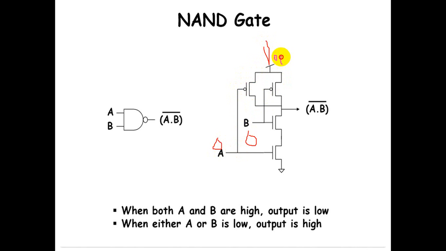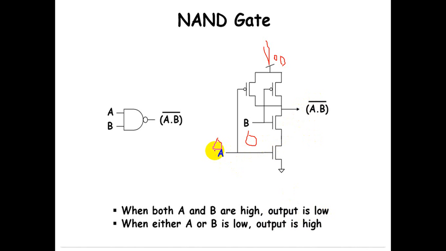VDD is the supply voltage, and this one will be shorted with this part where we are receiving the output. That means there will be a logic high at the output. As I can say, when either A or B is low, output is high, or when both A and B are high, output is low. Here we can see that both the inputs are low, so the output we are receiving is high.